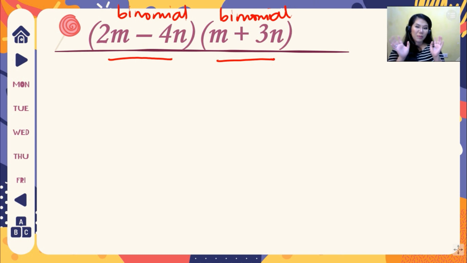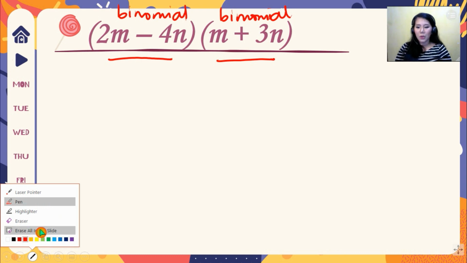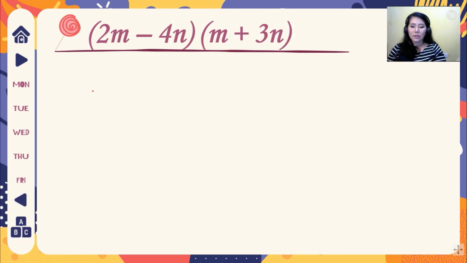Okay, do you know what it means by FOIL? Hindi yung foil na nirarap sa ano, yung FOIL meaning first, outer, inner, last. Okay, so let's solve. And in order for us to solve this, multiply muna natin yung first terms natin.